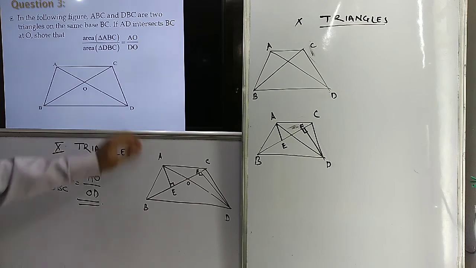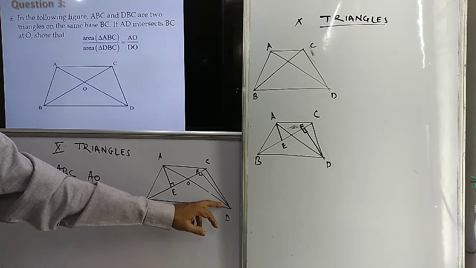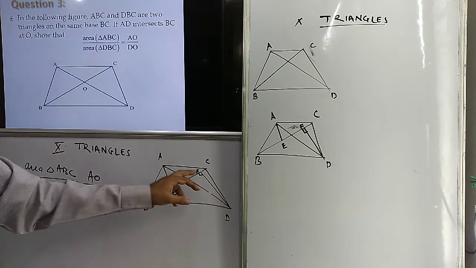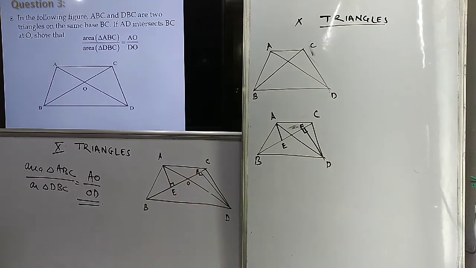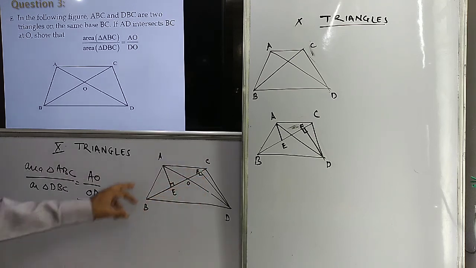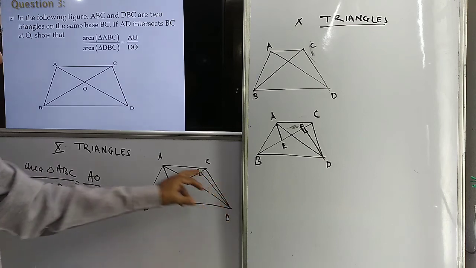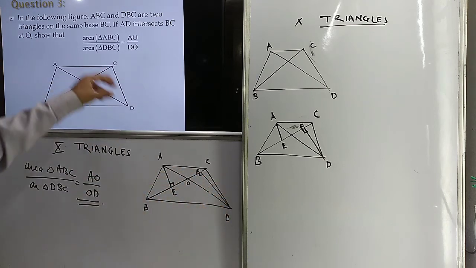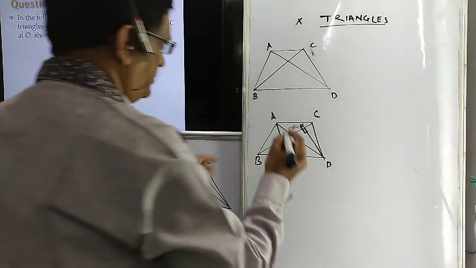One altitude from A to E, another from D to BC, that is DF. This is the other altitude. Now you know the areas of these two triangles, triangle ABC and triangle DBC.